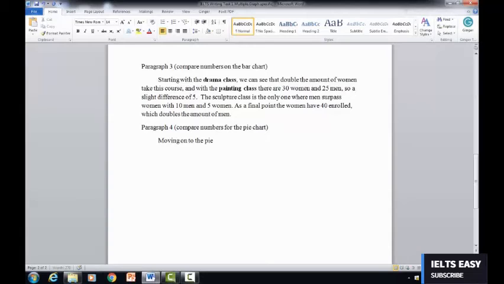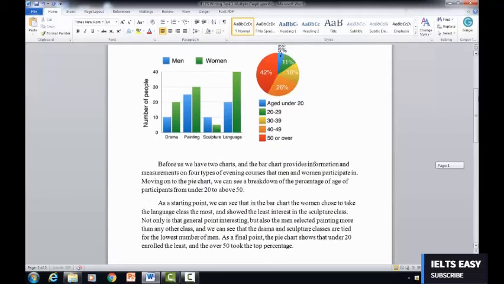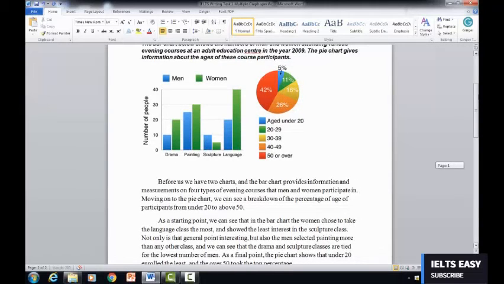Moving on to the pie chart, you see our top is at 42, our bottom is at 5%.